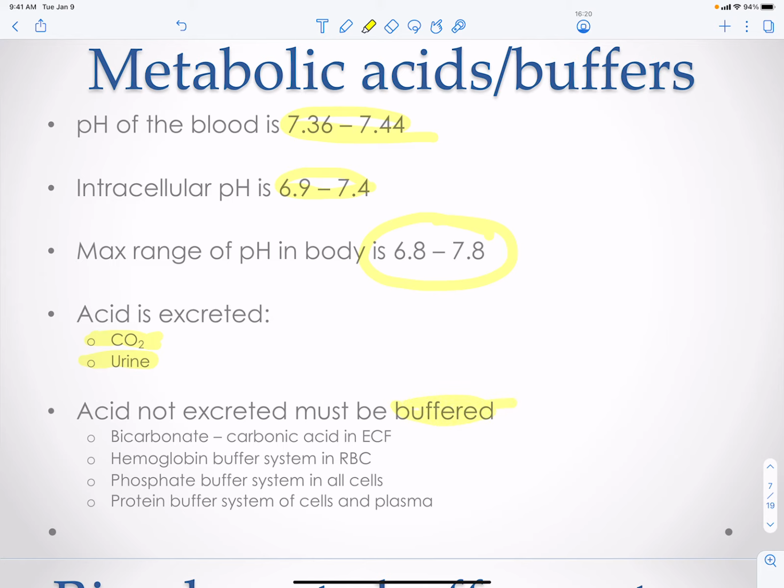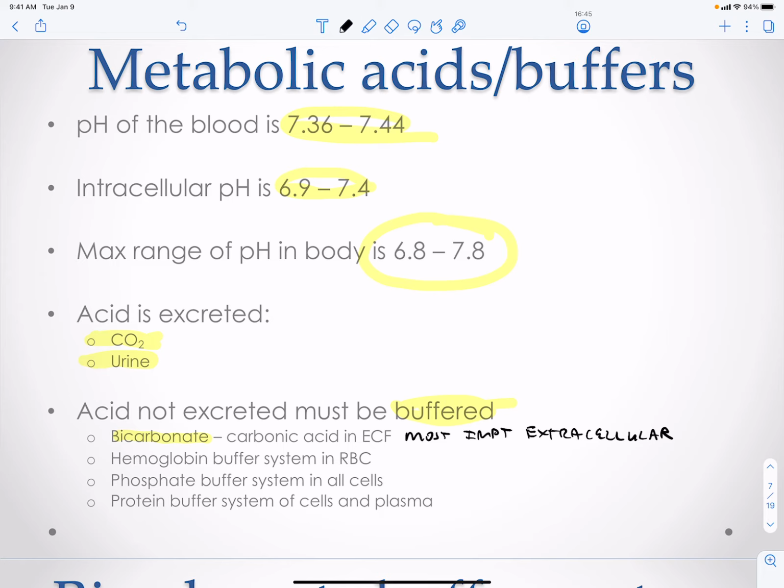And so we have some buffering systems. We have a bicarbonate buffering system, and this is the most important extracellular. And then we have the hemoglobin buffering system in red blood cells, and this is going to be able to pick up hydrogens before they change the pH of the blood.